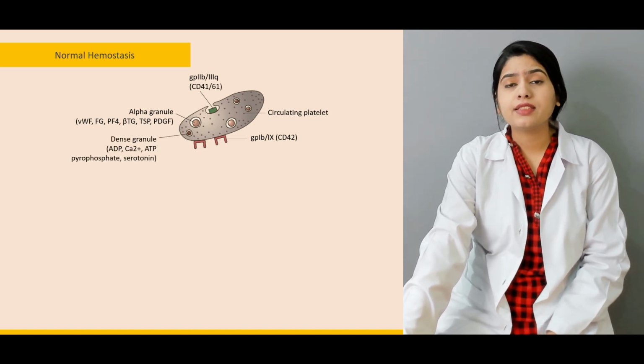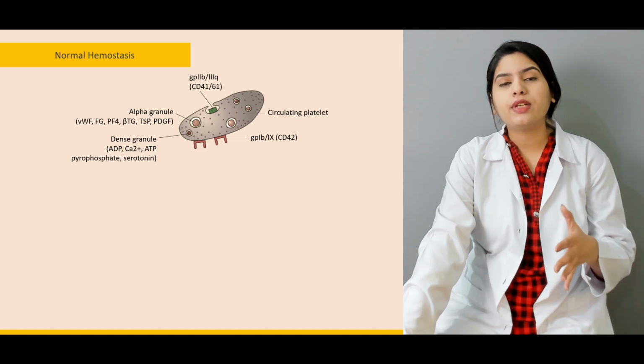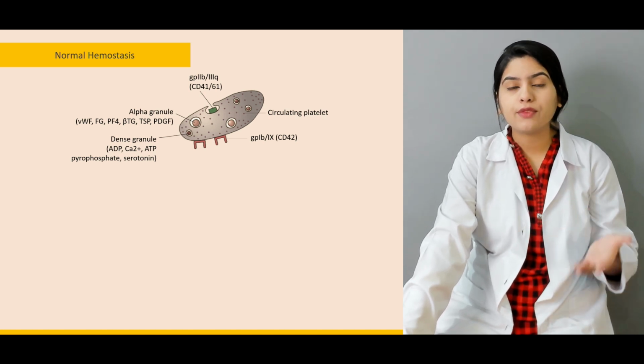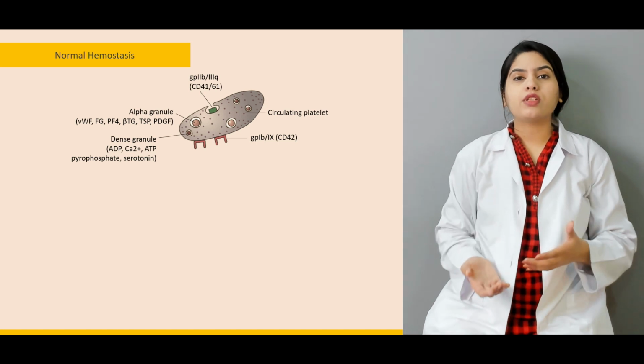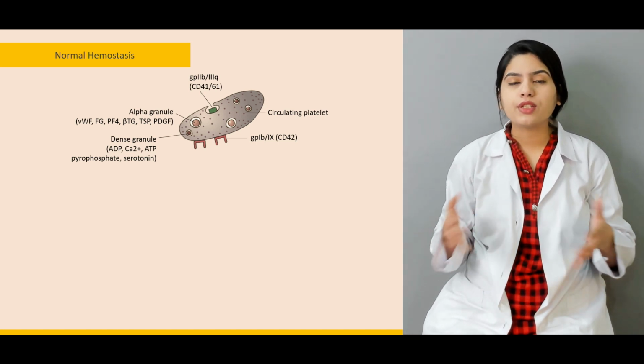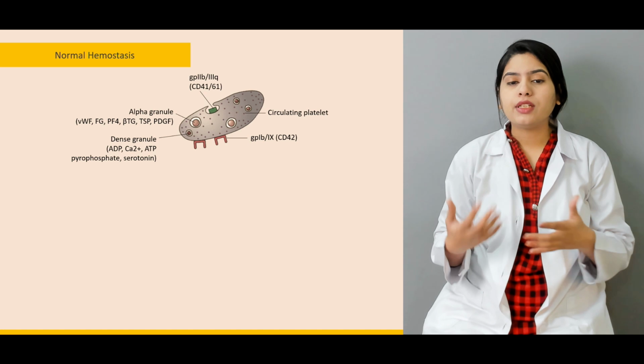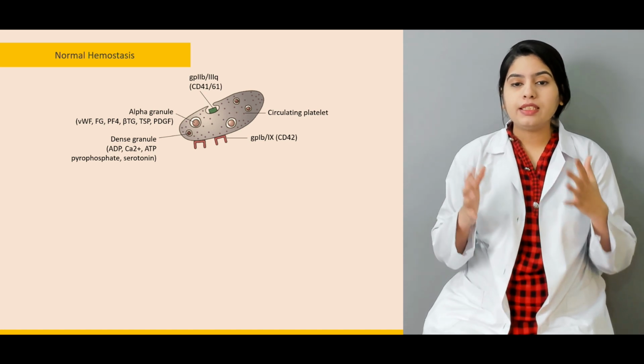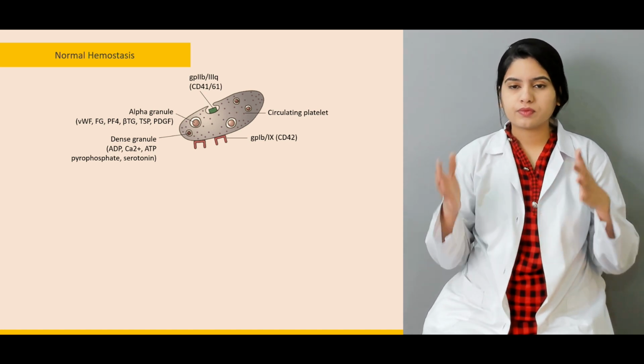Plus there are the dense granules. These dense granules consist of adenosine diphosphate, adenosine triphosphate, and also calcium, histamine, and serotonin. All of these are part of these dense granules.